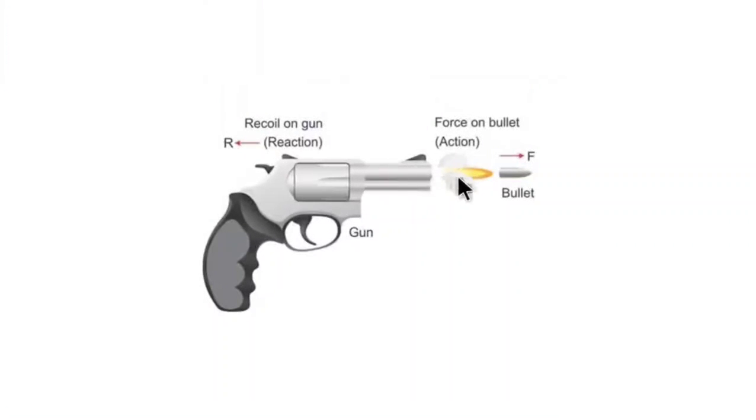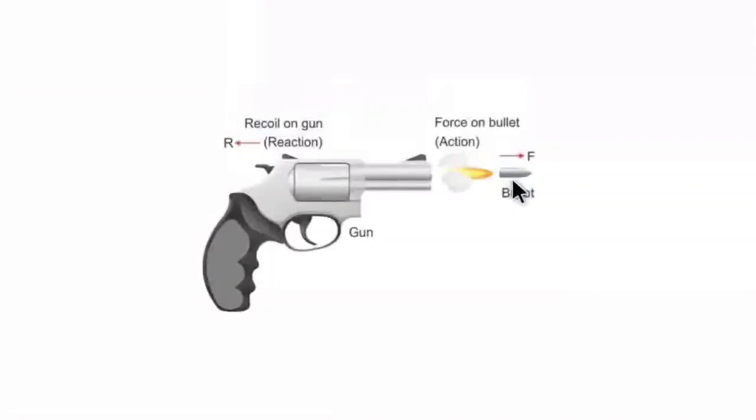And here we can see that the bullet is fired with a very huge velocity, or we can say a very huge amount of acceleration, but the gun will not recoil back with the same acceleration. This is due to the fact that the mass of the bullet is very less compared to the mass of the gun.